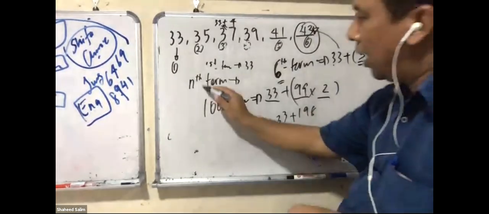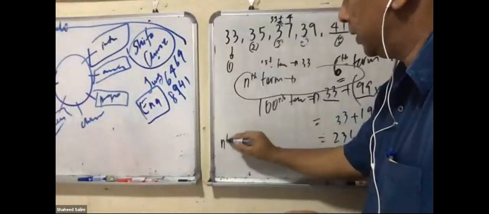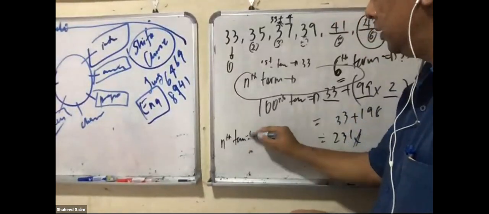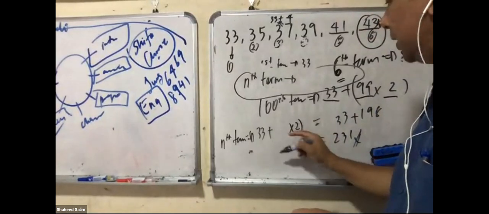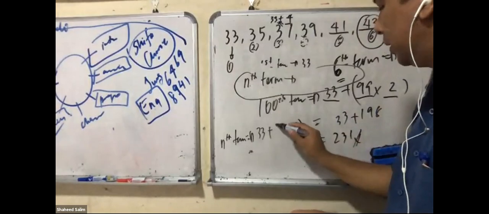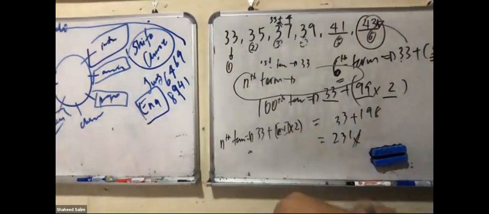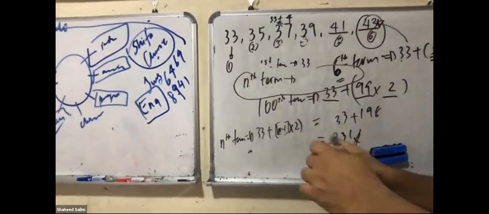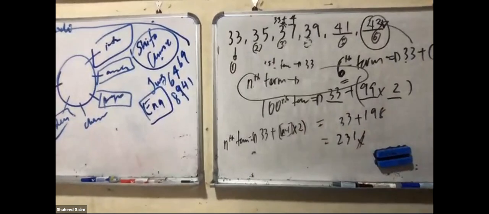So now you have come out with the formula already. What's the formula for the nth term? Very simple. The nth term formula is 33 plus something times 2. What is it? Just take n minus 1, times 2. That is your formula. If you don't get it, we've got to practice some more. All right?